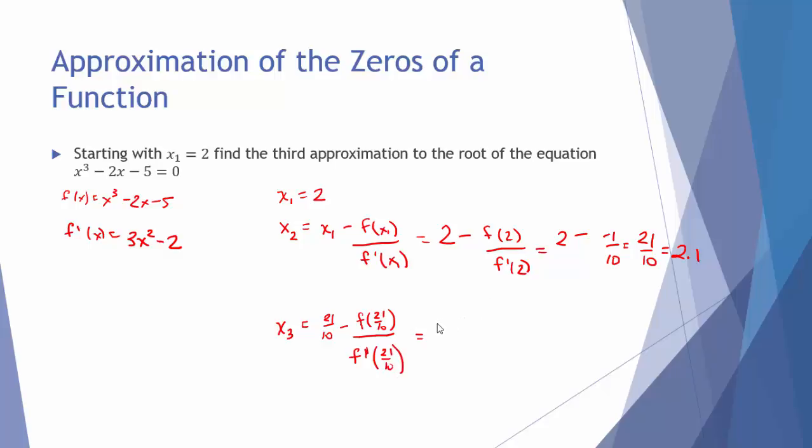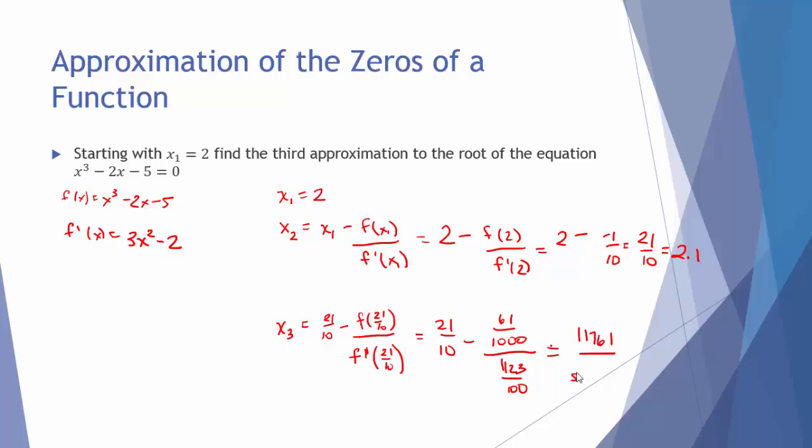So when we plug in 21 over 10 into the original function, what we're going to get is 61 1,000ths. Feel free to check my arithmetic, but that should be right. And when we plug it into the derivative, we get 1,123 100ths.